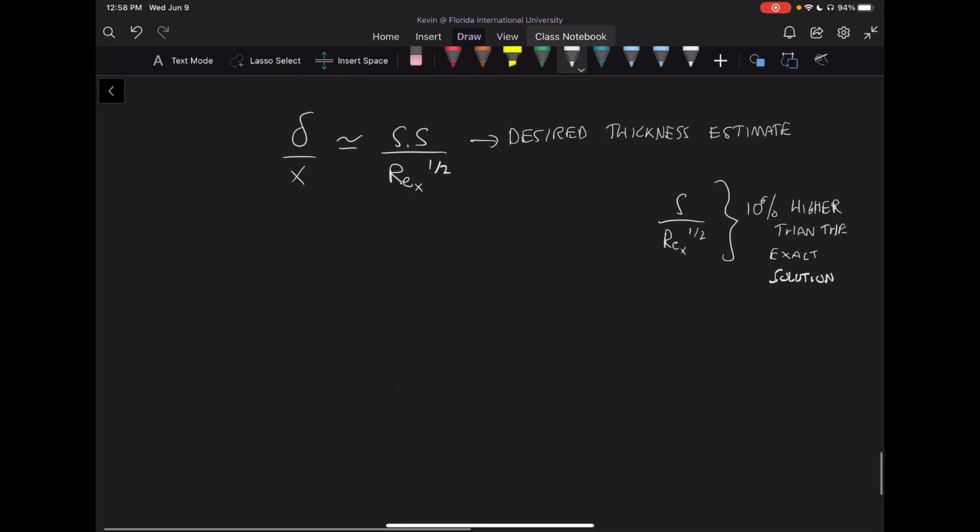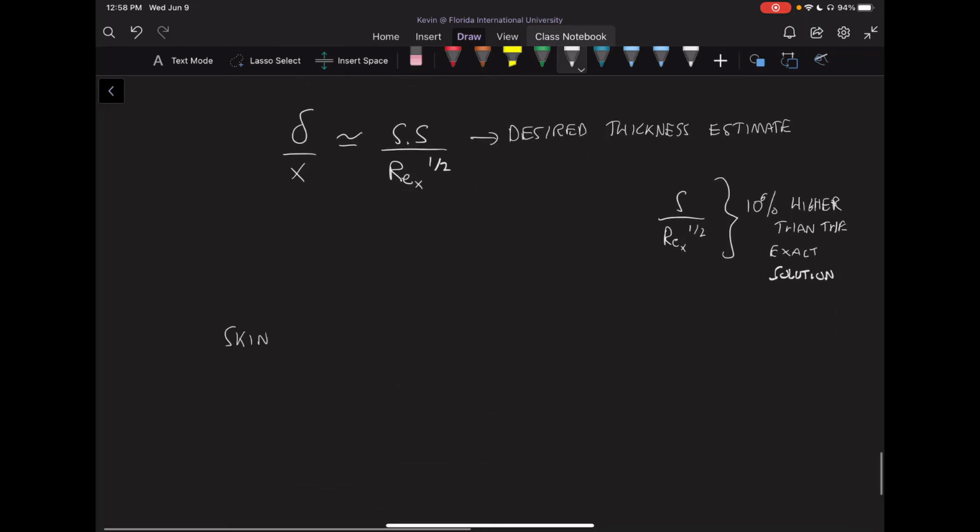Okay, in the same way for the skin friction coefficient. So the skin friction coefficient is essentially a measure of the skin friction and non-dimensionalized. We have that CF, the skin friction coefficient, is equal to 2 tau W over rho U squared, according to Kármán's momentum integral theory.